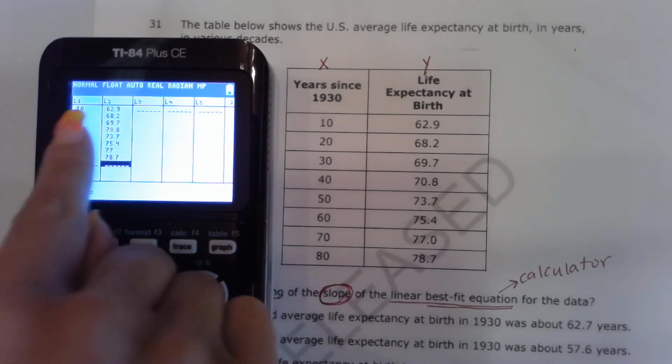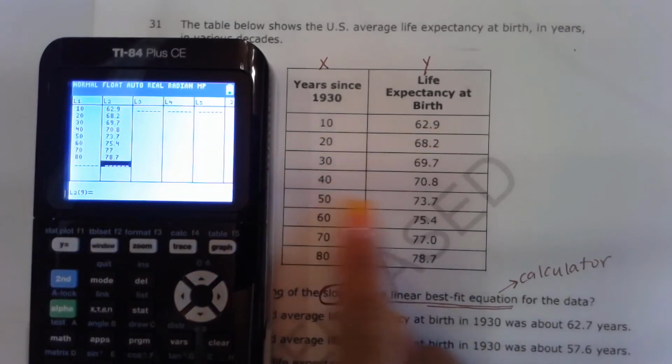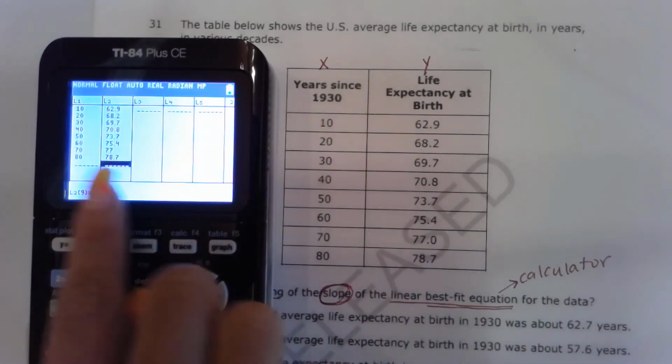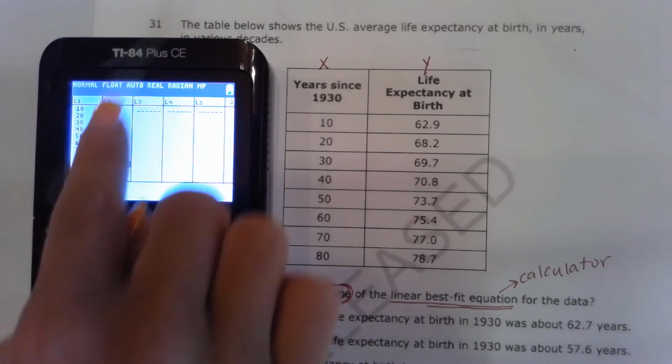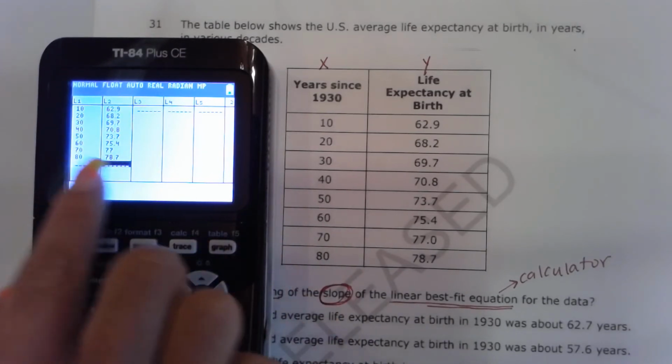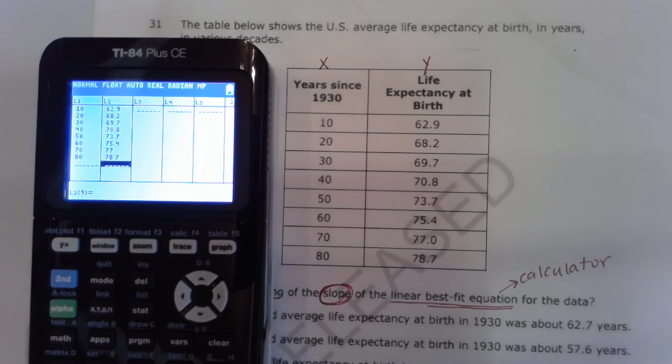And as we can see, all of them should look just like the table on the paper. It's going to look just like that in our L1 and L2, okay? And we have to make sure they all line up.